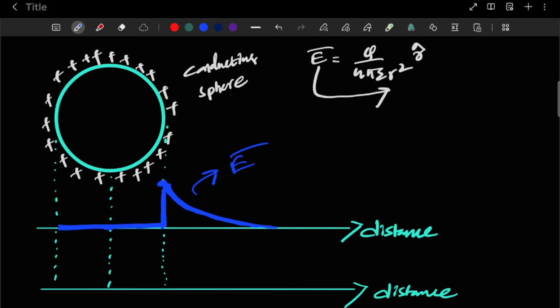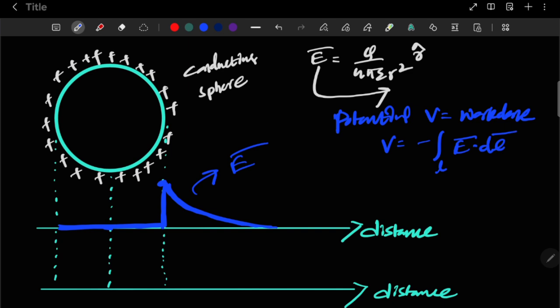Now, it is very interesting to observe the potential versus the distance. So we know that potential V is actually work done. So work done or potential is based on the line integral of E bar dot dl bar.